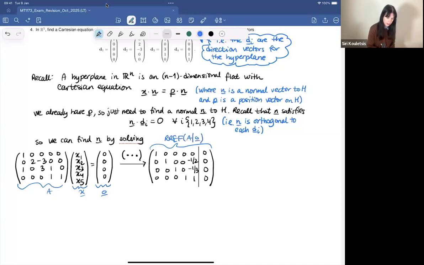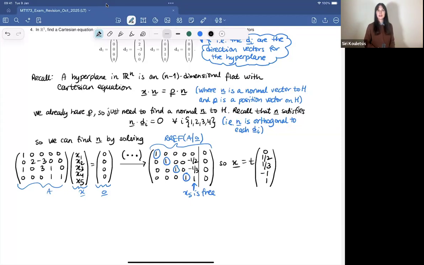Obviously, the right-hand side stays 0 throughout. And so we see here 4 leading ones. X5 is a free parameter. And so a resulting vector here: X1 is 0. X2 is a half t. X3 is a third t. X4 is minus t. And X5 is t.